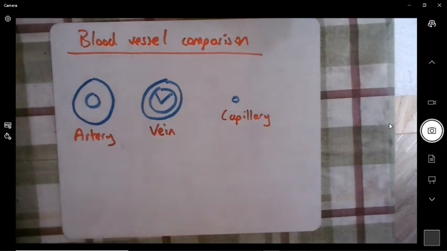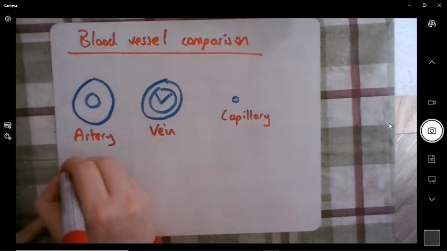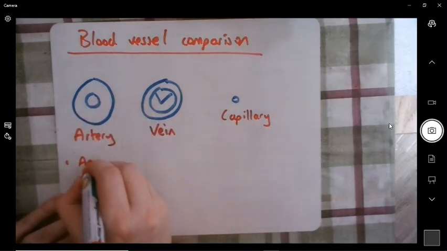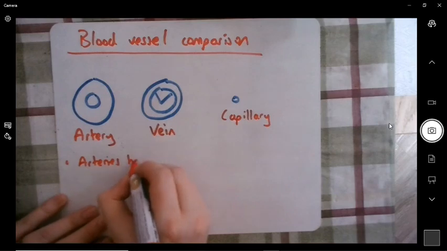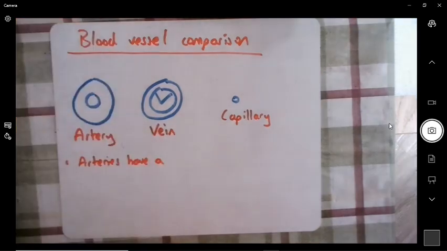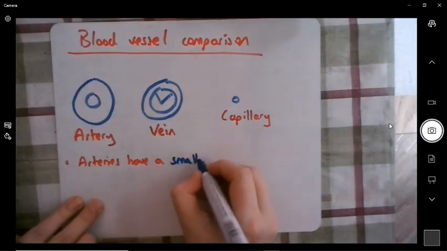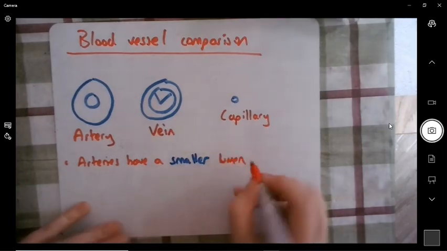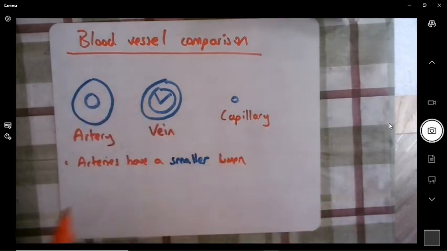So even structurally, you can see there's some real key differences. The lumen, which is the hole in the middle, arteries have a smaller lumen. But they also have a thicker wall as a result.